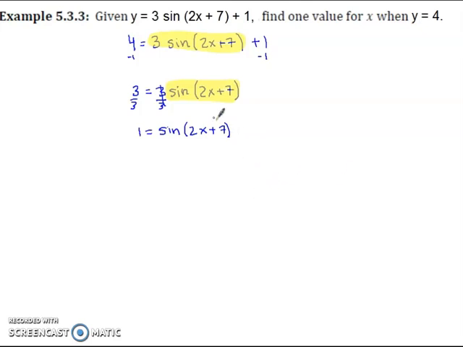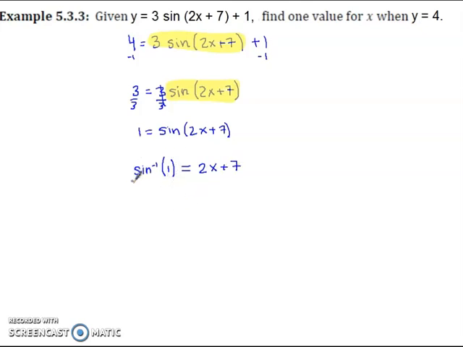Now I'm looking for the value of x, or one value of x. So in order to isolate x, I'm going to use inverse sine, which says I have the ratio is 1. What I'm trying to find is the value of x that gives me the angle I'm looking for. So inverse sine of my ratio, which is positive 1, gives me the input, which was 2x plus 7.